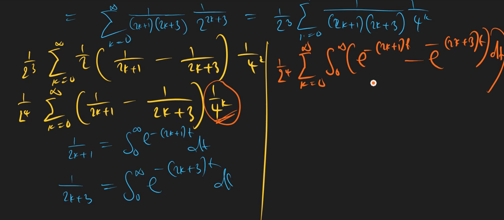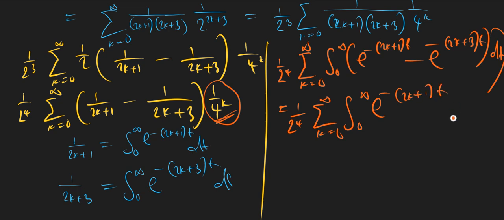We have two sums to deal with here. We write this as 1 over 2 to the fourth power times the sum as k runs from 0 to infinity of the integral from 0 to infinity of e to the negative 2k plus 1 t dt.